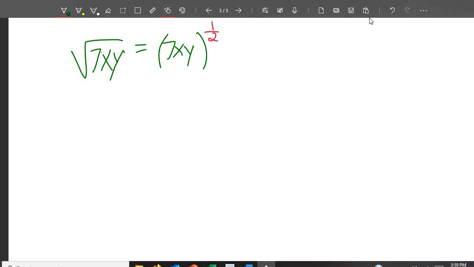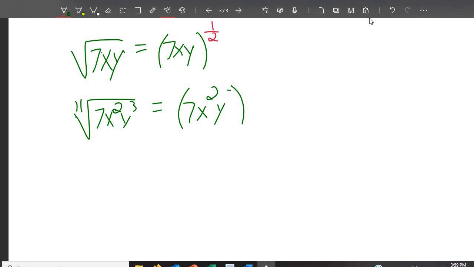Let's say I had the 11th root of, I don't know, 7x squared y cubed. I put the 7x squared y cubed in the parentheses. And on the outside, my exponent will be 1/11.